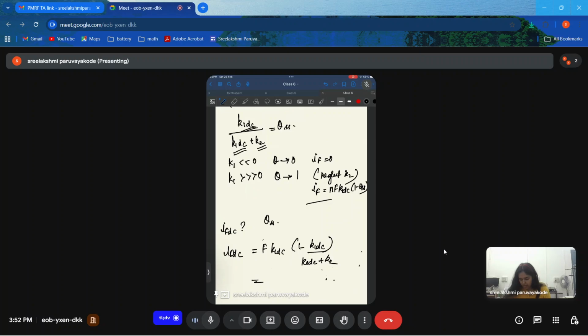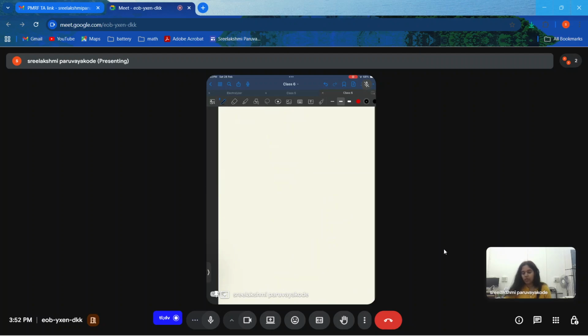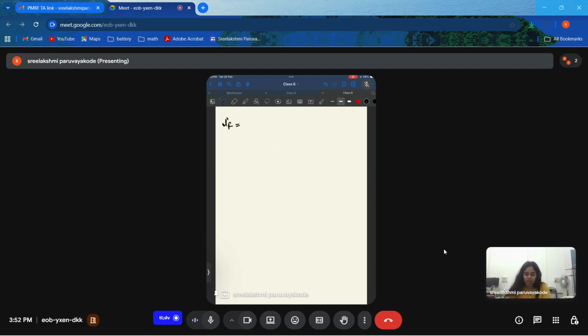And if I simplify it, it is F K1 DC K2 by (K1 DC plus K2). So basically, IF depends only on K1 DC and K2 for small and large overpotential.